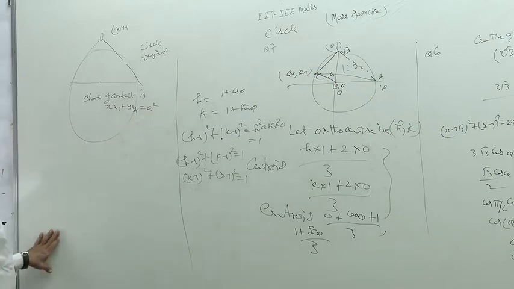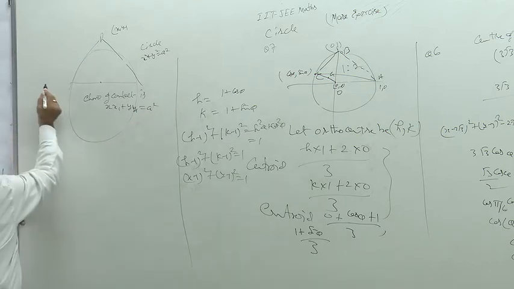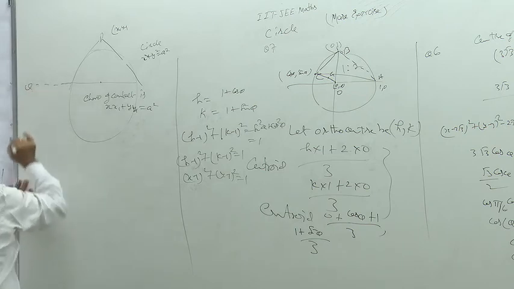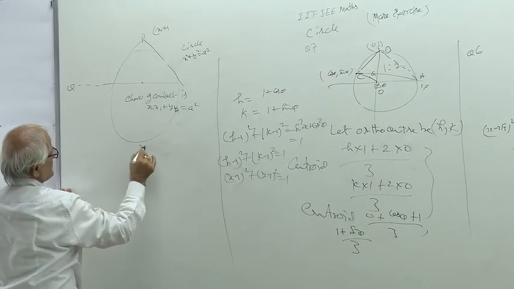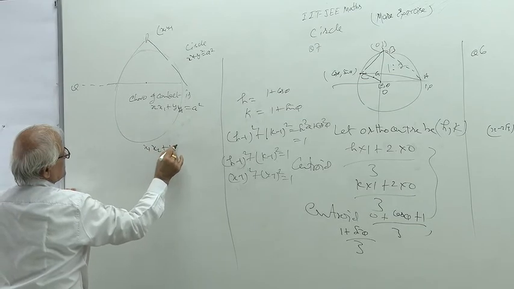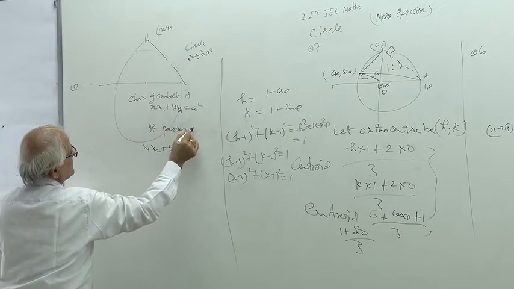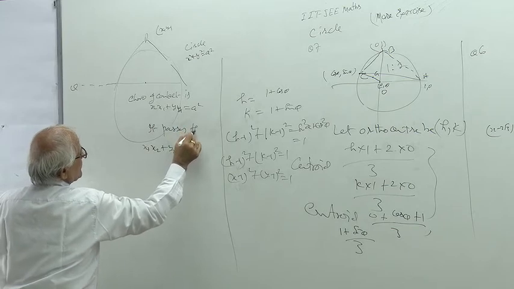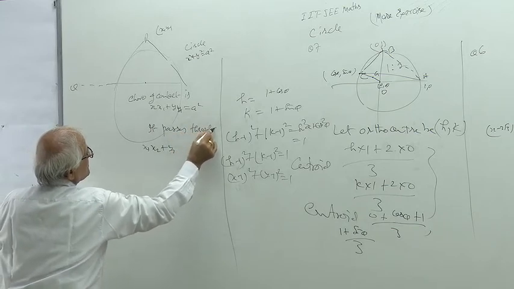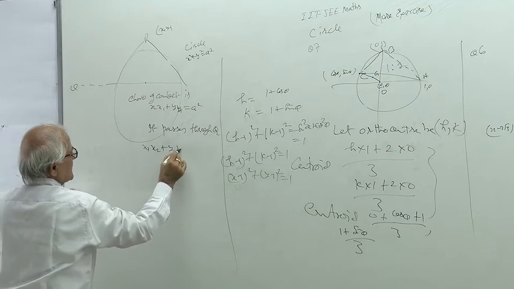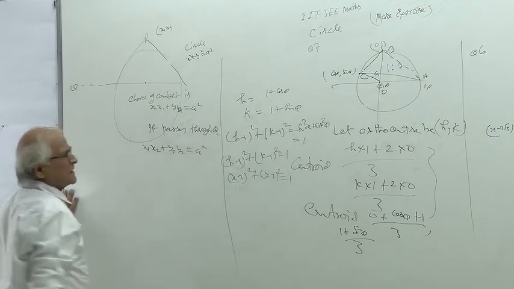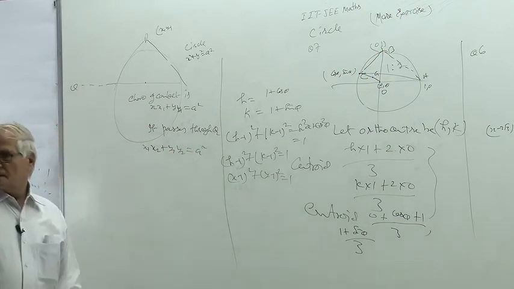Now this passes through Q. Suppose Q is (x2, y2). Then x1 x2 plus y1 y2 is equal to a square. We have this relation.